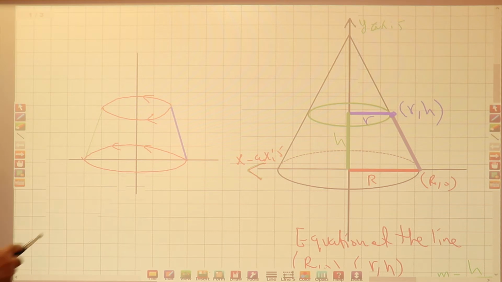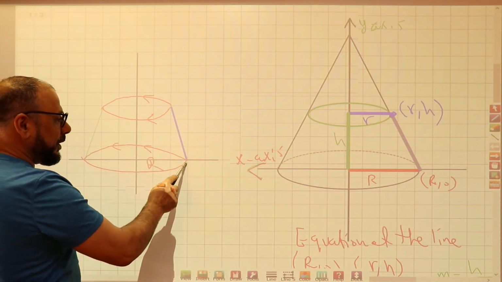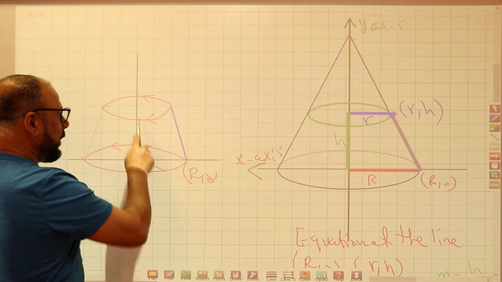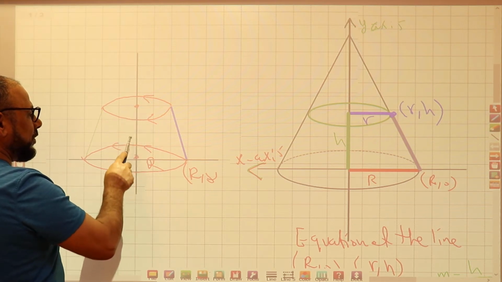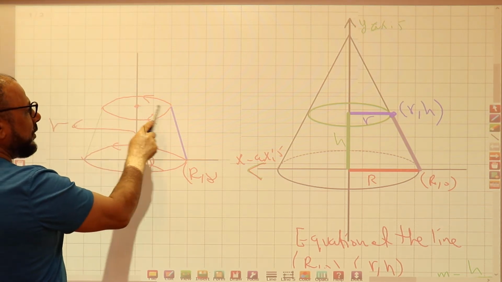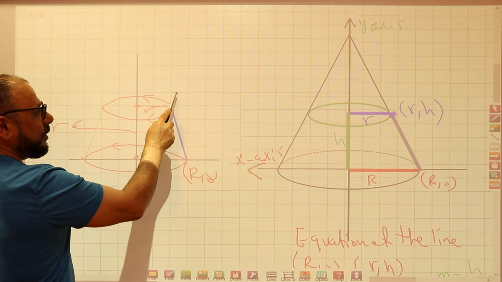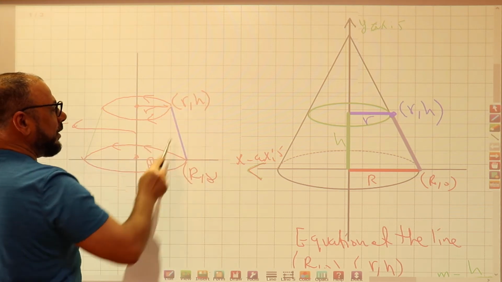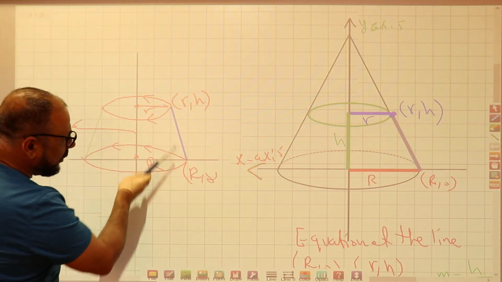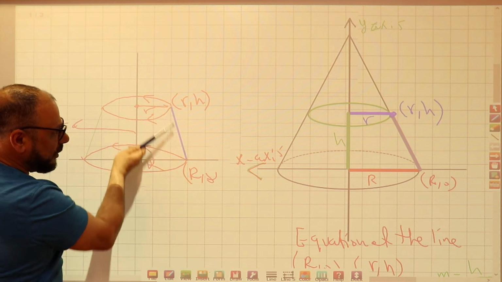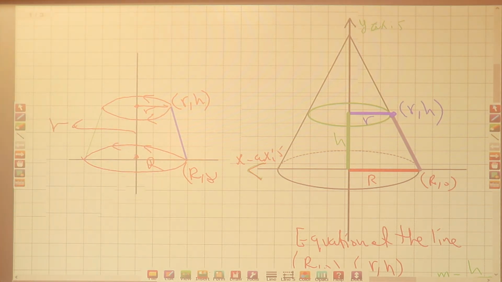The radius here is r, that makes this point (r, 0). If the height from here to here is h, and the radius here is r, then this point is (r, h), right? Actually, the function I want to revolve about the y-axis is the blue one.